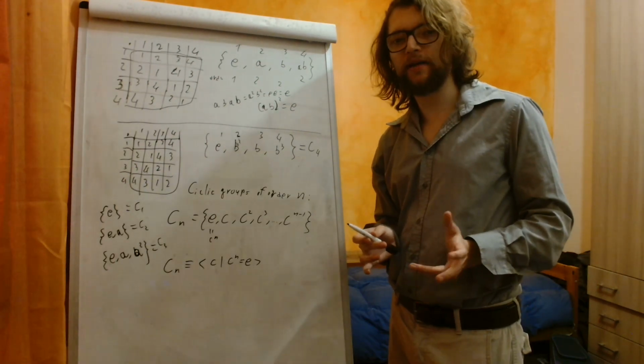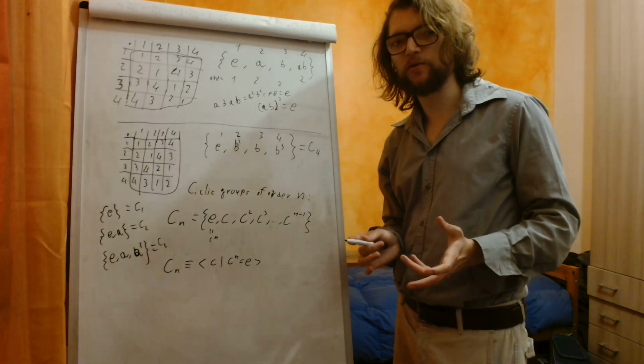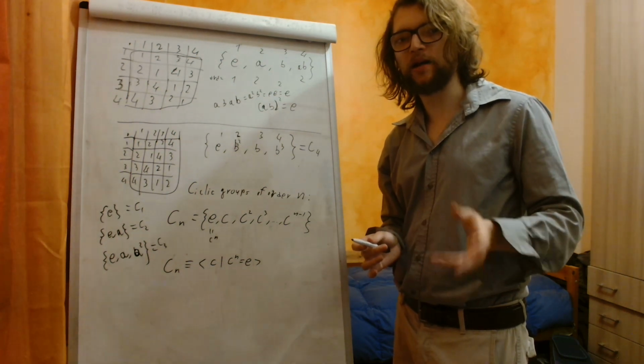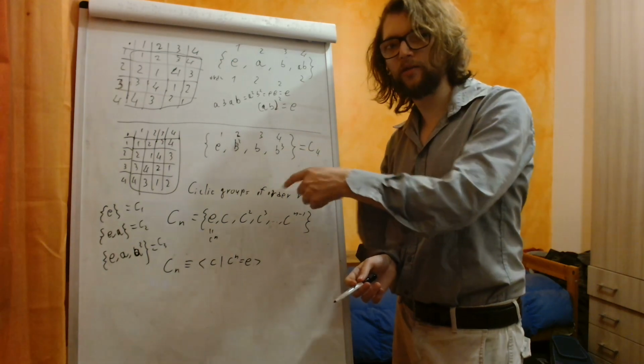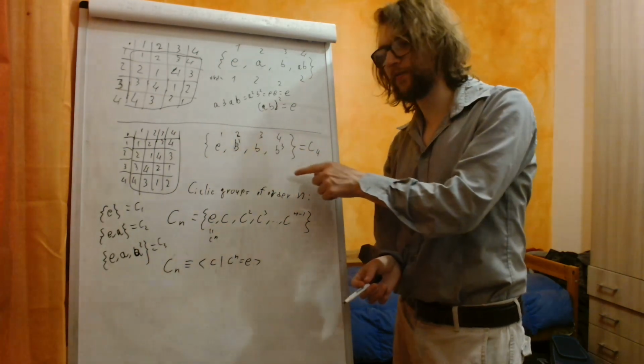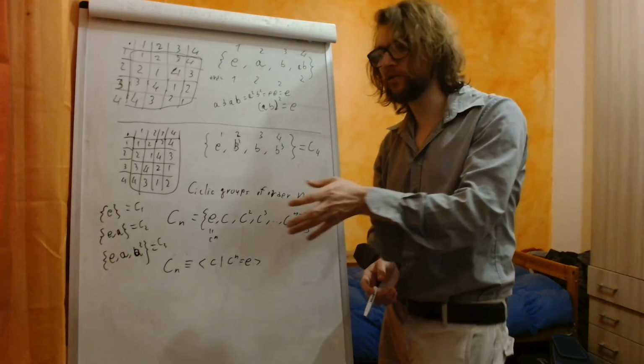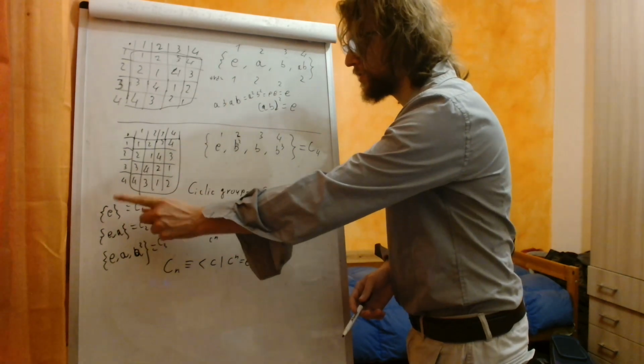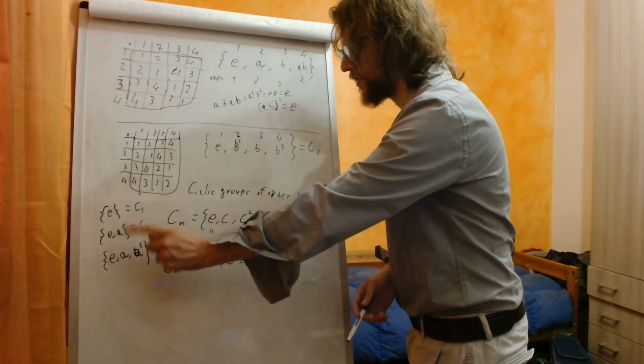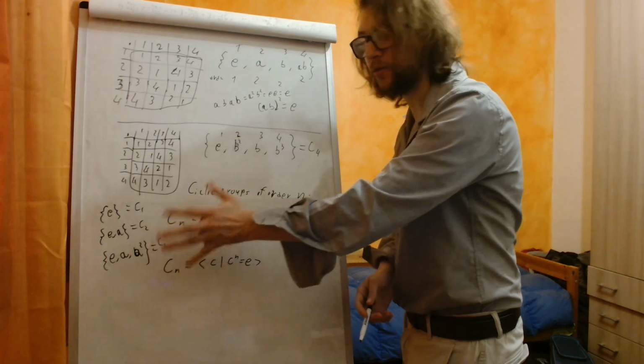The groups that have only one generator, which contain only the powers of one element, are called cyclic groups. So this is the cyclic group of order 4. And the three groups we found previously, the group of order 1, the group of order 2, and the group of order 3, are also cyclic groups.